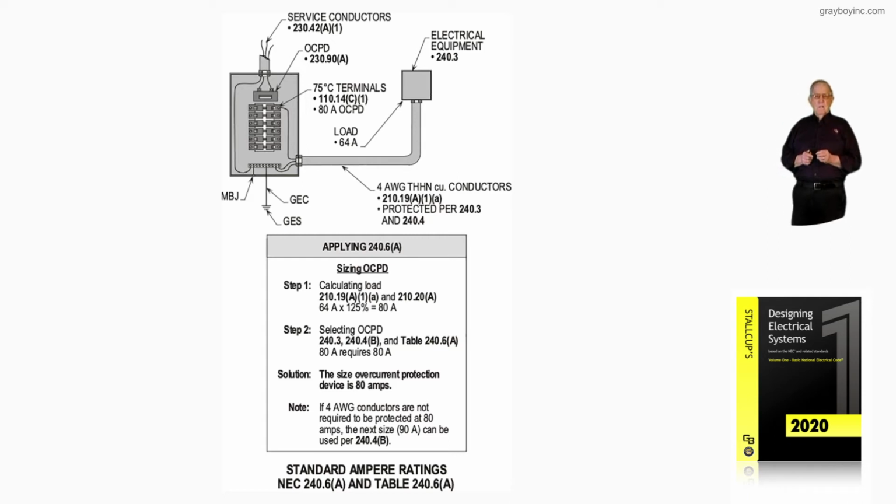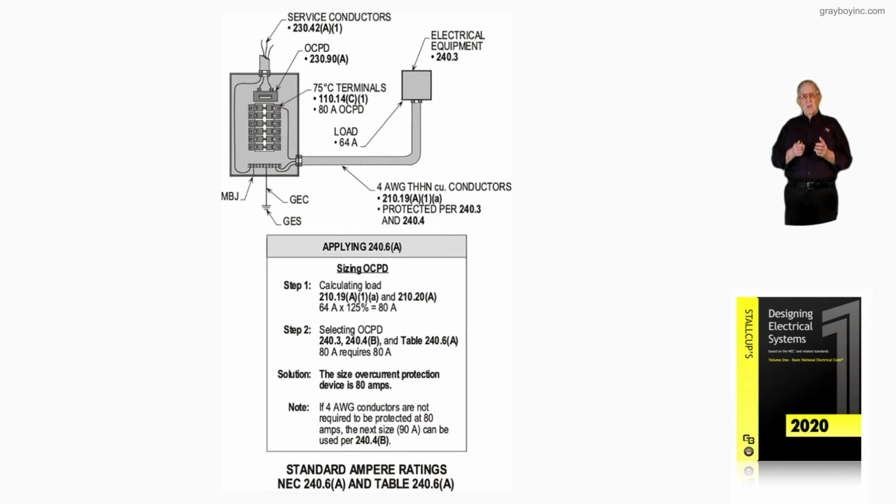We will enforce and apply 210.19(A)(1)(a) as well as 210.20(A). One is for the conductor, one is for the overcurrent device. So the 125% for a continuous load, when we do our math, 125% times 64 is 80 amps.